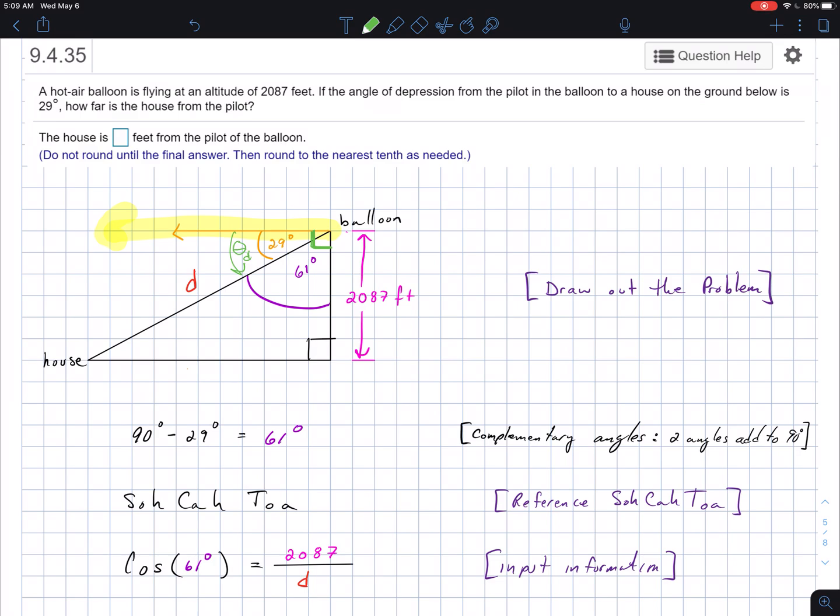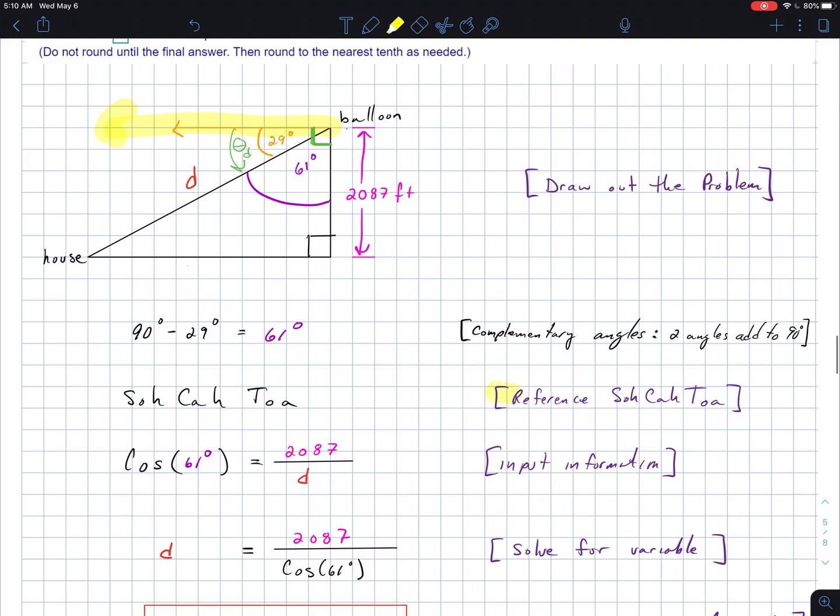And if that's the case, we remember complementary angles, and they add to what? 90. So I took the total, 90, and I subtracted out the 29 to give me the angle in question, which is 61 degrees. Okay? All right?